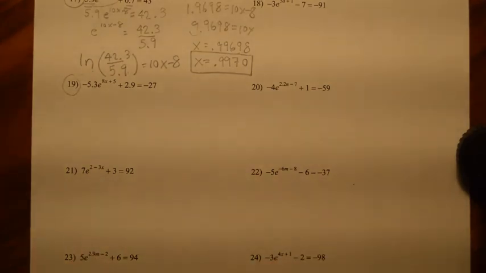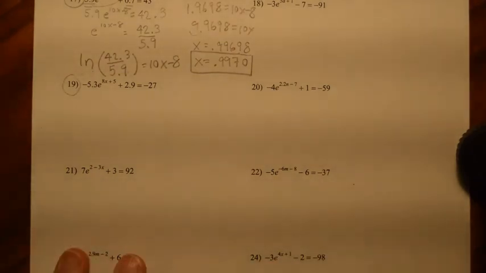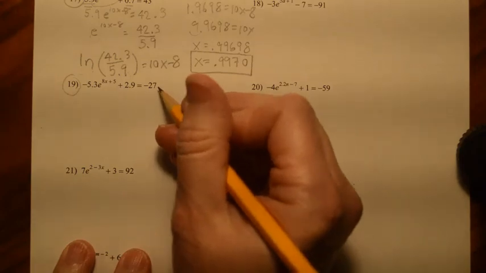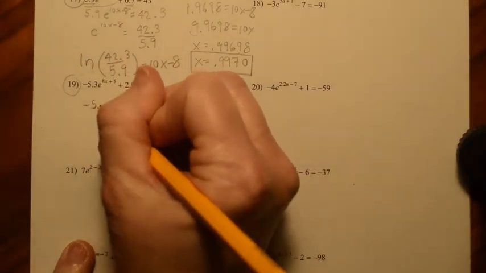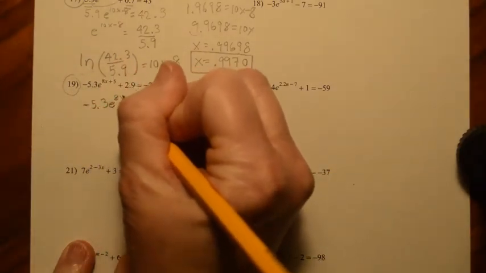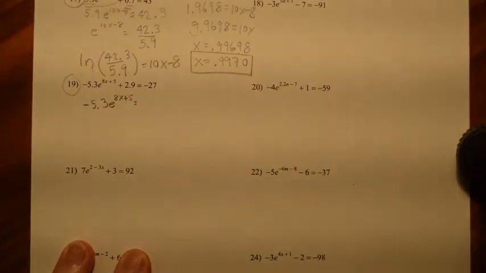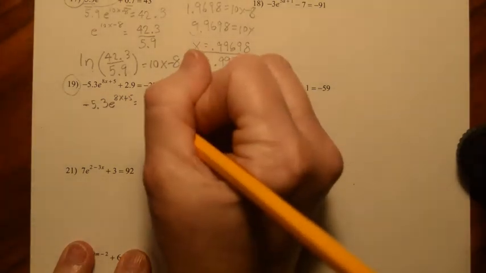Okay, here's what you should have done. You want to subtract 2.9 from both sides. So we're going to have negative 5.3 e to the 8x plus 5 equals negative 27 minus 2.9, which equals negative 29.9.